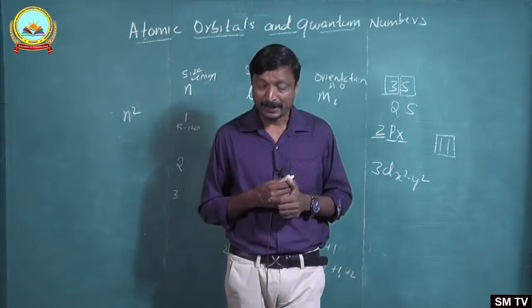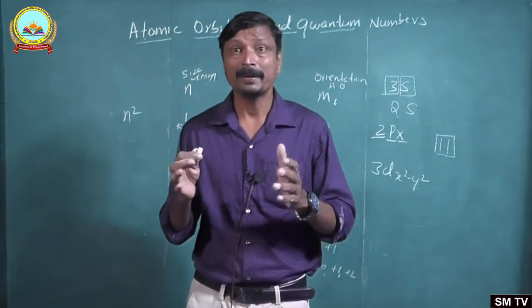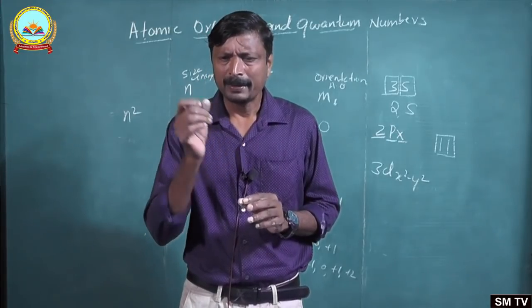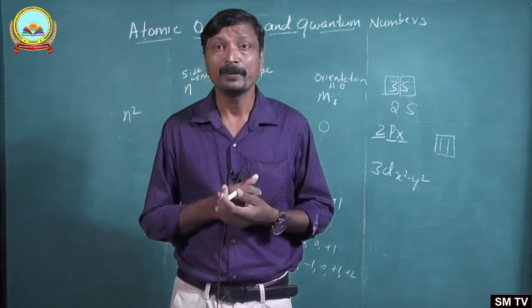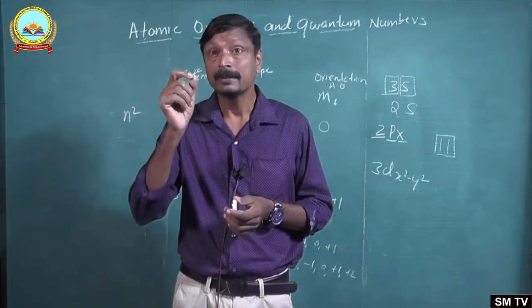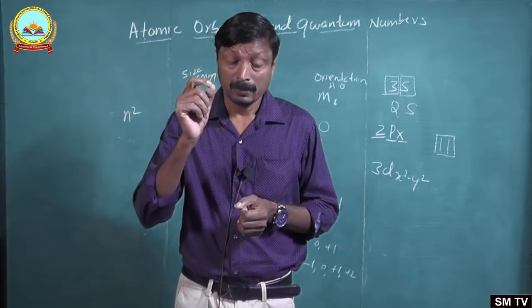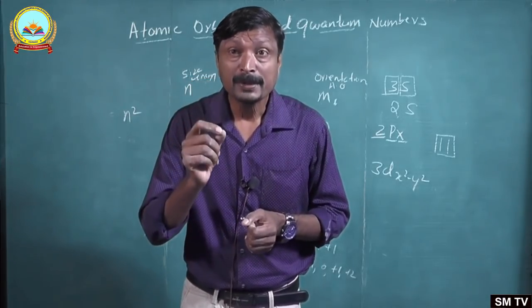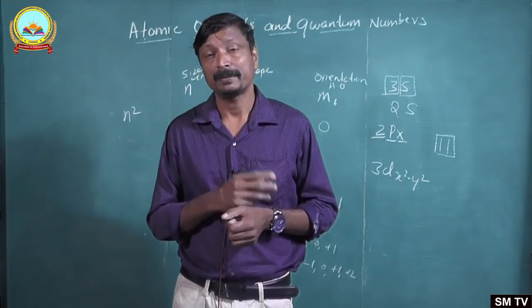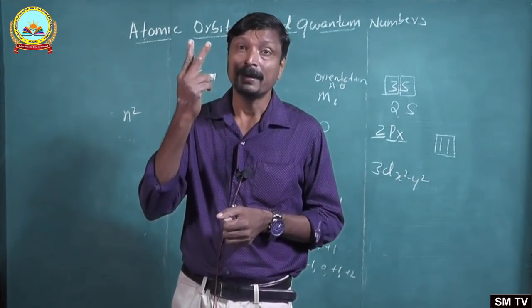So the experiment also shows, for example, in the discussion of the failure of Bohr's theory, the first limitation I discussed was that Bohr's theory fails to explain the finer details of the hydrogen spectrum. Each spectral line has a doublet structure.